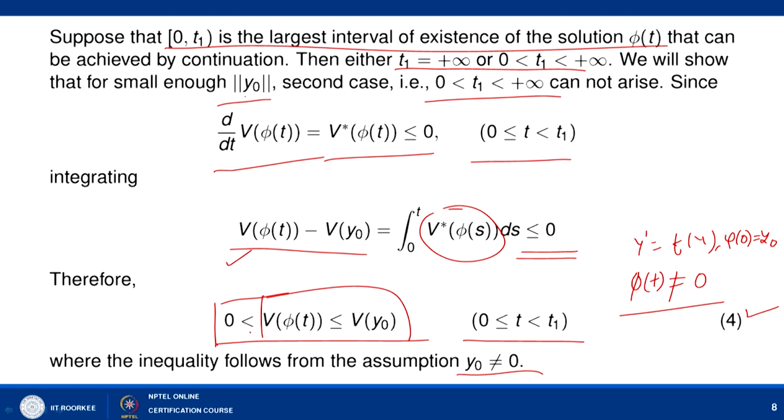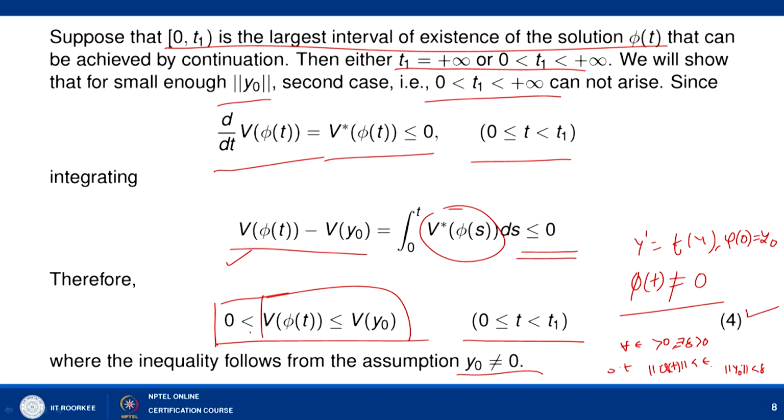That is, we want to find out that for every epsilon greater than 0, there exists a delta greater than 0 such that norm of phi of t is less than epsilon whenever norm of y naught is less than delta. So, we want to show this.